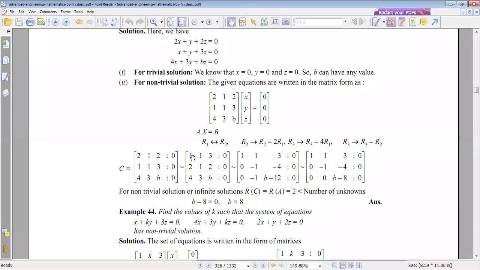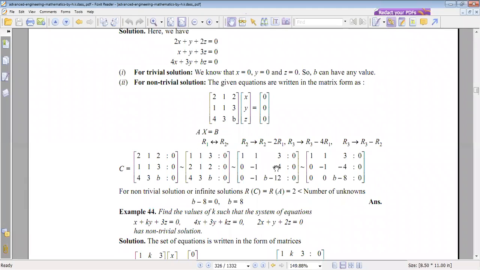So how can we make this equal to 0? Row 2 tends to row 2 minus 2 row 1. That means 2 minus 2, which is equal to 0. 1 minus 2 into 1, that means 1 minus 2, which is equal to minus 1. Again, 2 minus 2 3s are 6, that means 2 minus 6, which is equal to minus 4.